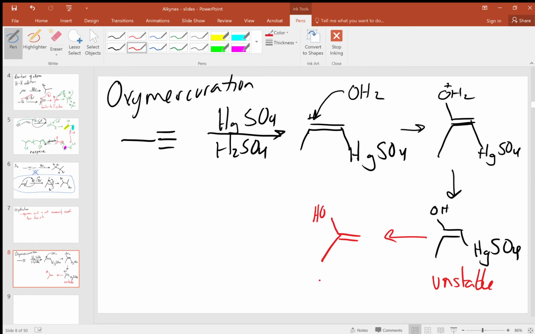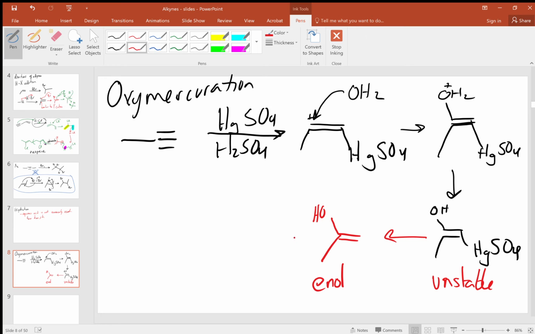This is known as an enol. We will learn later on that "ol" is the ending that we use in nomenclature for alcohols. So what we have is an alkene directly attached to an alcohol. We call that an enol. But enols, it turns out, in many cases can't be isolated.